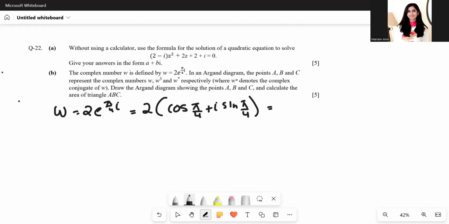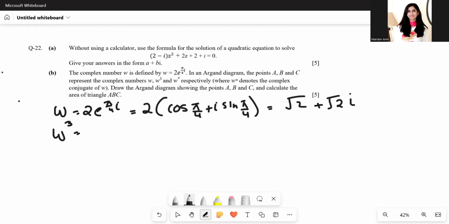Now I'm going to enter these values in the calculator. For 2 times cos pi by 4, I'm getting square root of 2. And for 2 times sine pi by 4, I'm also getting square root of 2.